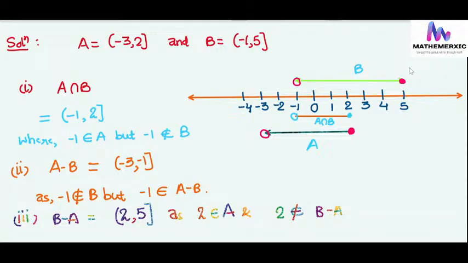Minus 1 does not belong to A minus B here, so it will be a closed bracket.